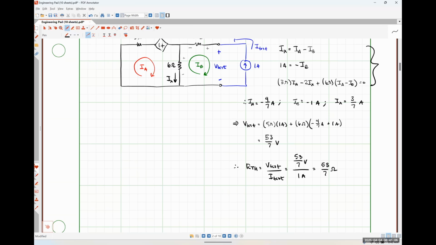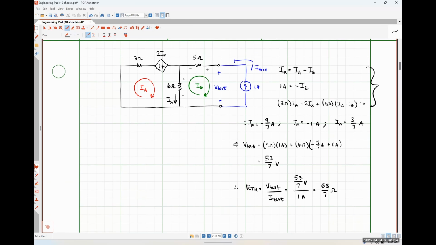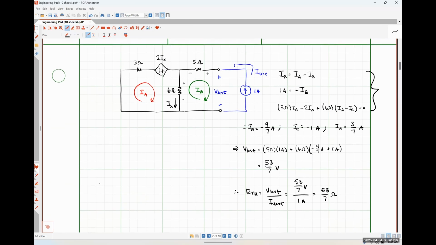Yes, ma'am. What do you mean for voltage? You mean V test? Okay. So I was using Kirchhoff's voltage law. So essentially I said this voltage rise is equal to this voltage drop plus this voltage drop.